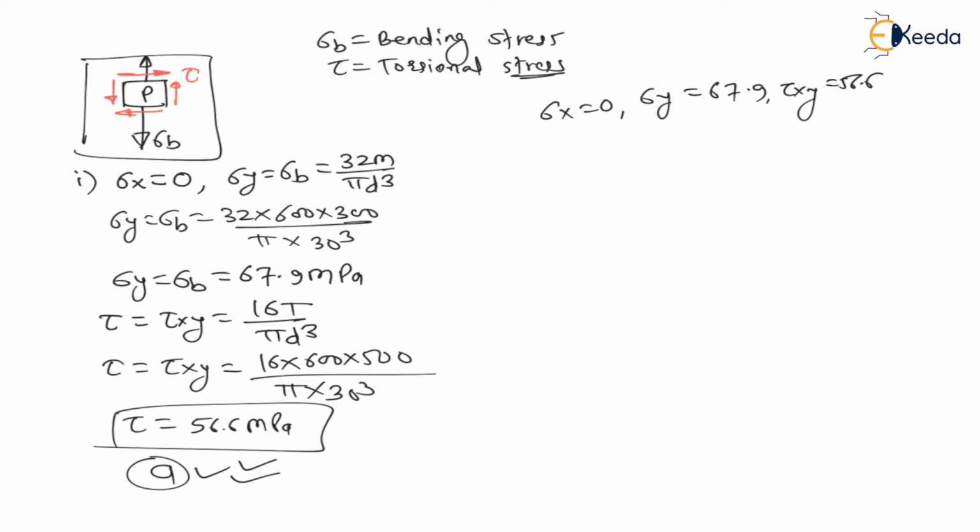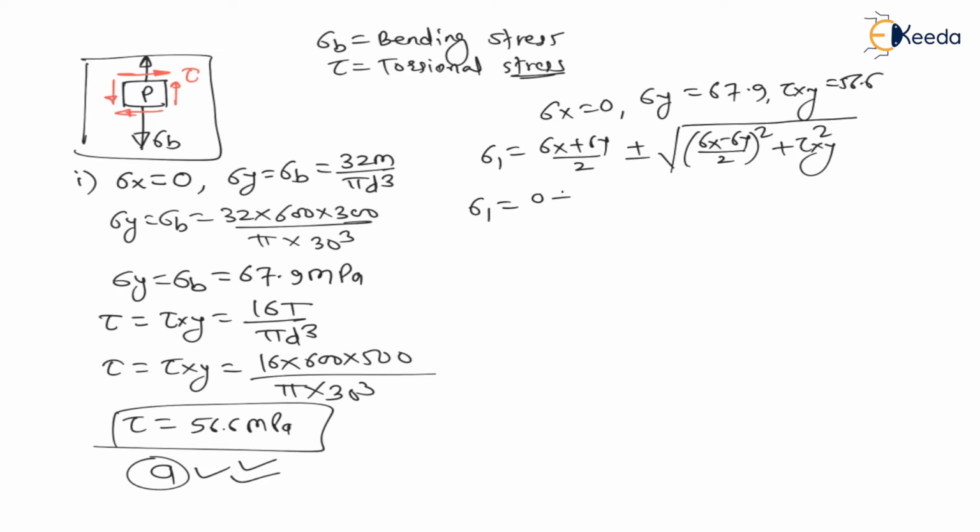Now the second question is the maximum principal stress, which is nothing but sigma 1 is equal to (sigma x plus sigma y) by 2 plus or minus under root of ((sigma x minus sigma y) by 2) whole square plus tau xy square. Therefore, put the values: sigma 1 is equal to (0 plus 67.9) divided by 2 plus or minus. Here minus is for minimum principal stress and plus is for maximum principal stress.